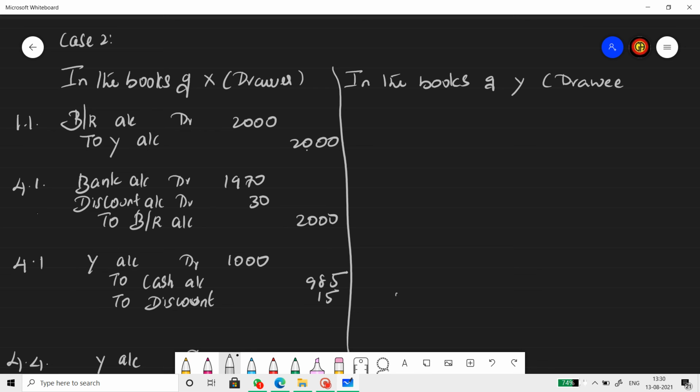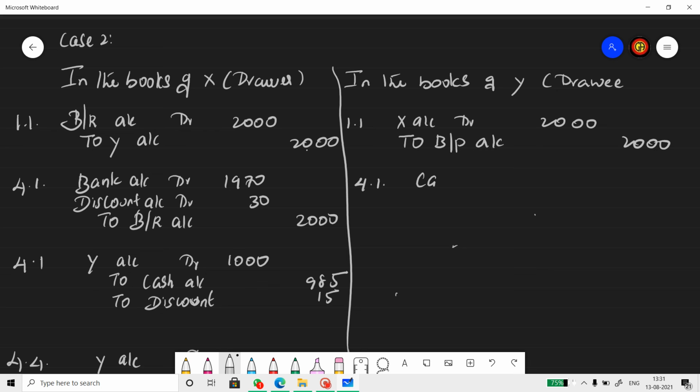The date remains 1/1. It is X account debit to BP account. Amount is 2000 and 2000. On 4th January, since X discounts the bill and then X sends half the money to Y, right?